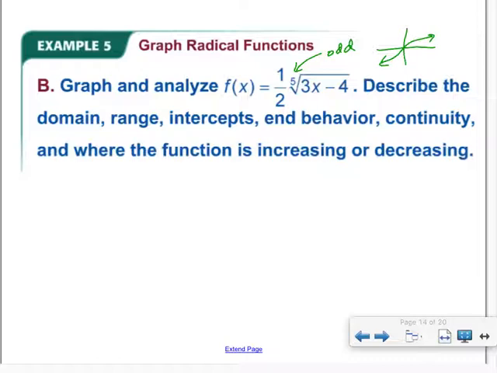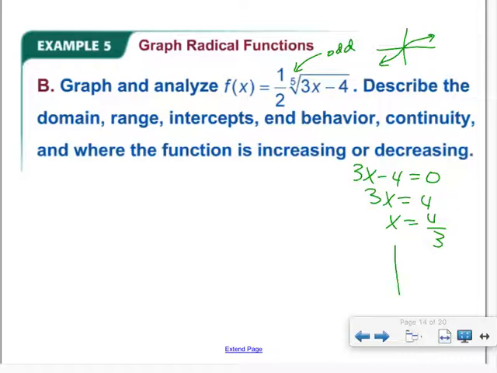The 3x minus 4 is going to move it left or right. The 3 is going to change how it's squished a little bit to the left or right, and the 4 is going to move it around. So if we really wanted to graph this, just take whatever's in the radical, set it equal to 0, solve it for x, and let's discover how it's been changed.